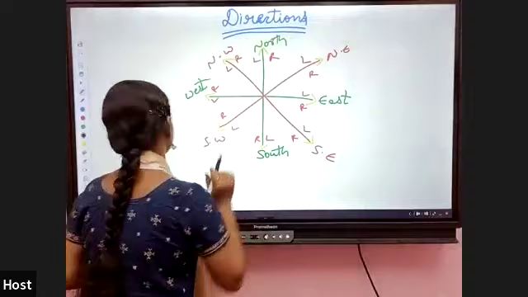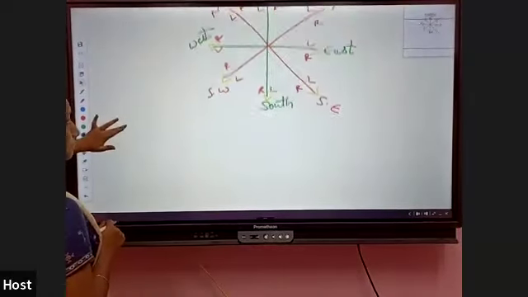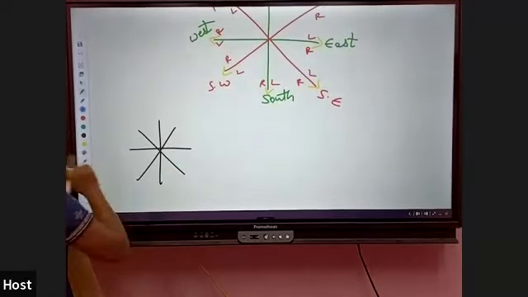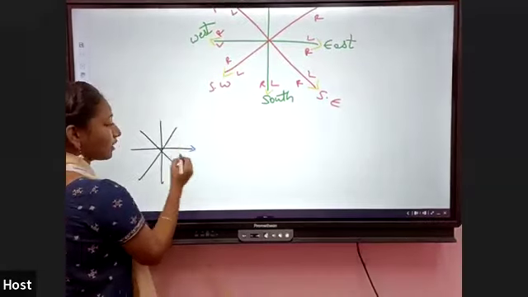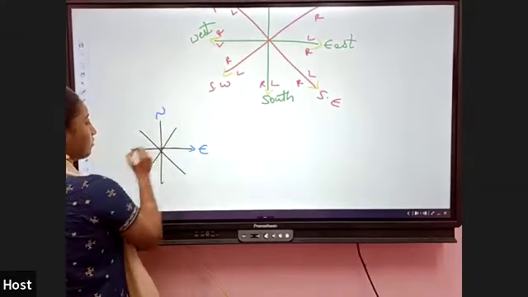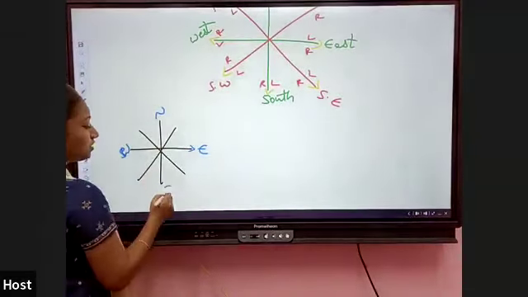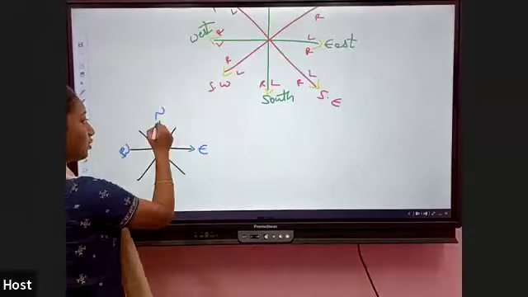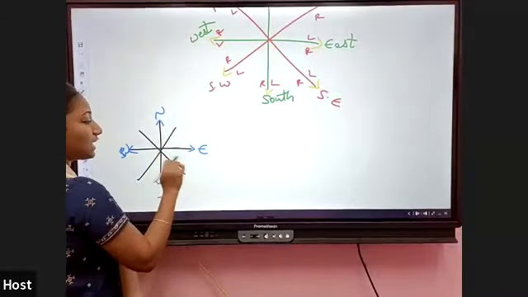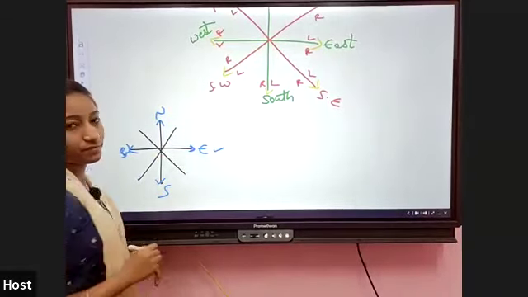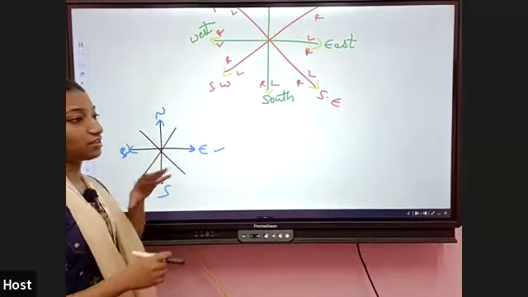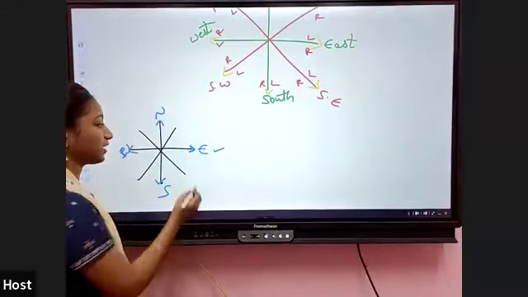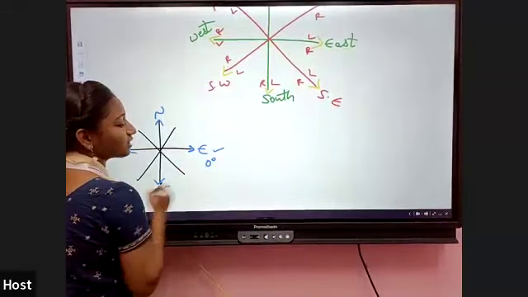So here, for example, these are the directions. We can start from north, west, south or east. From whichever direction we start, no problem. So let us start from east. You can observe the protractor also. The starting is 0 degree.